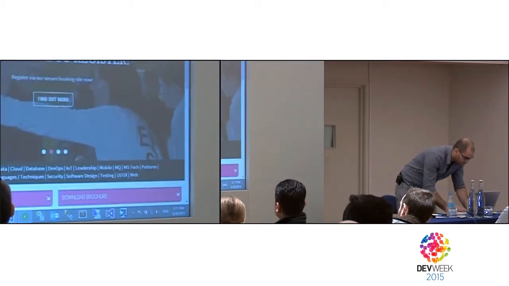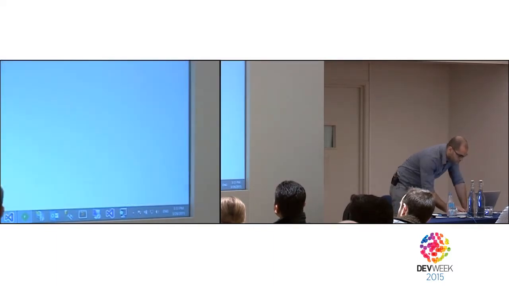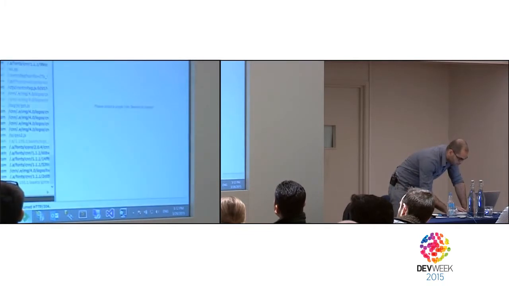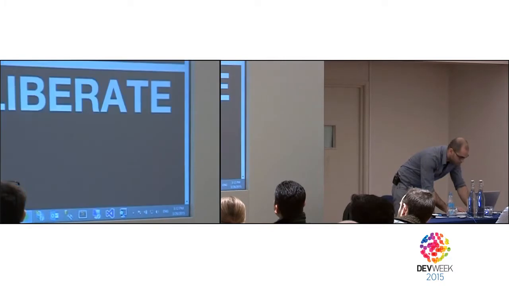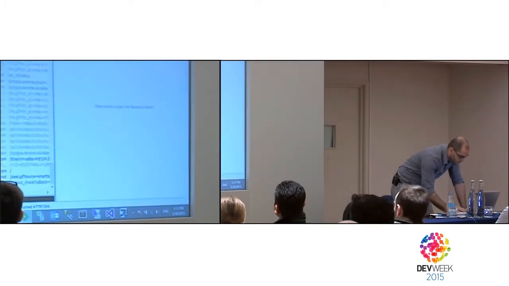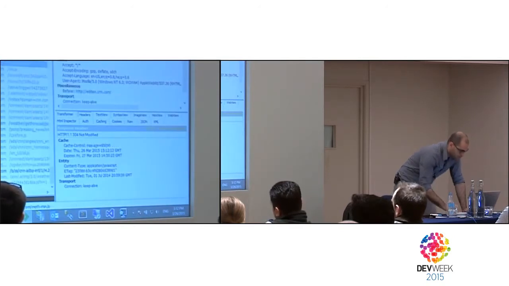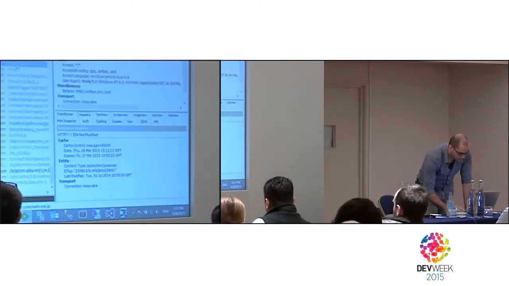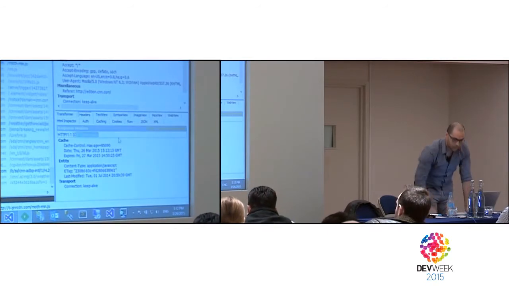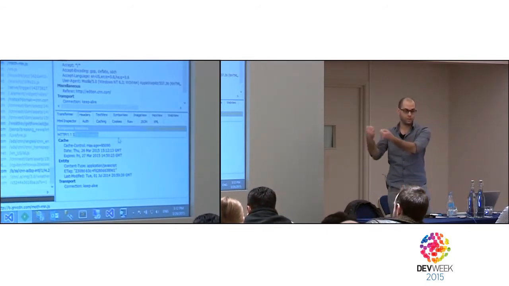No 304. Let's go to stuff like, no 304 because I cleared my cache. Let's try it again. Here you go. Stop. You see this response? This didn't return any content, not modified, but I do want to see the content.